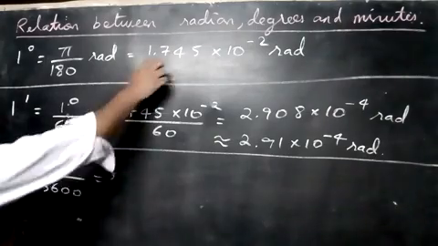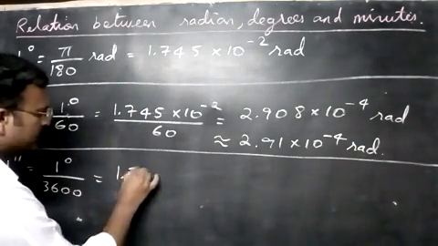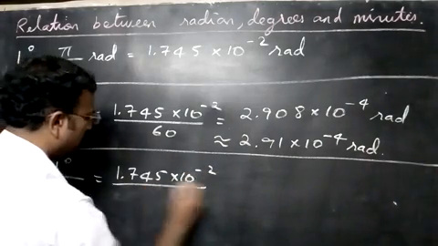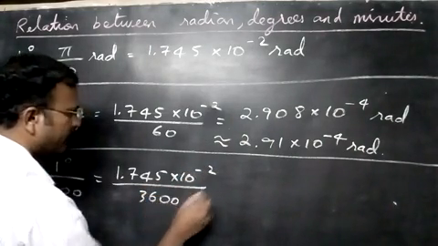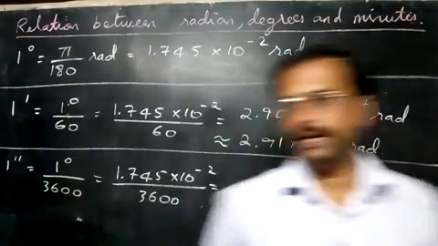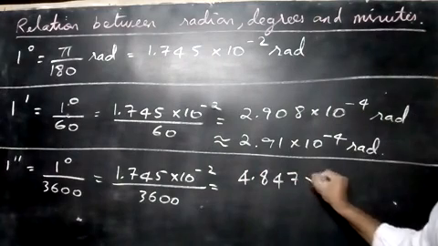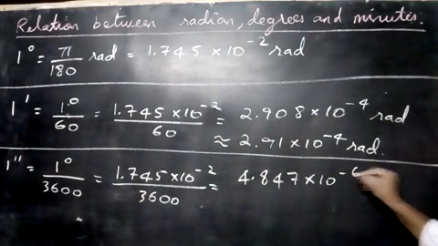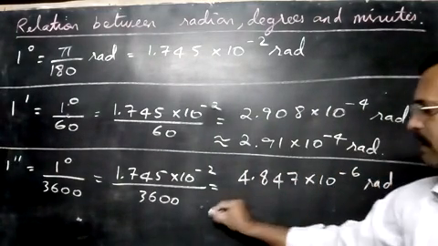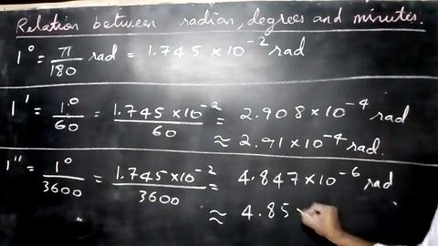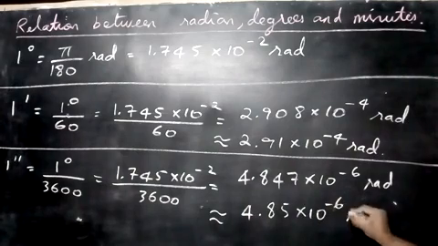The 1 degree value we got is 1.745 into 10 power minus 2 divided by 3600. When we do this calculation, we get 4.847 into 10 power minus 6 radians. That we can approximate as 4.85 into 10 power minus 6 radians.